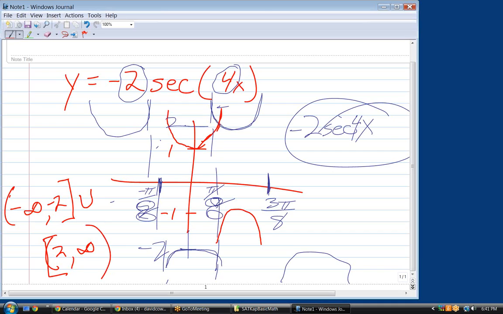So that would be the range in interval notation, because it can be equal to 2 and minus 2.